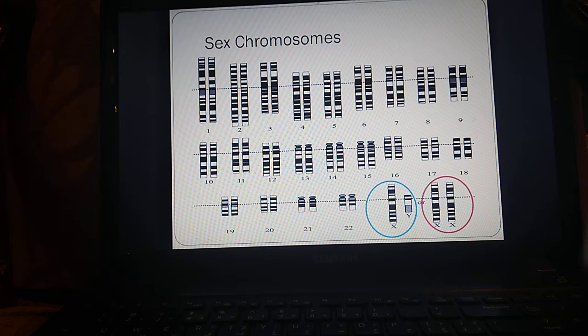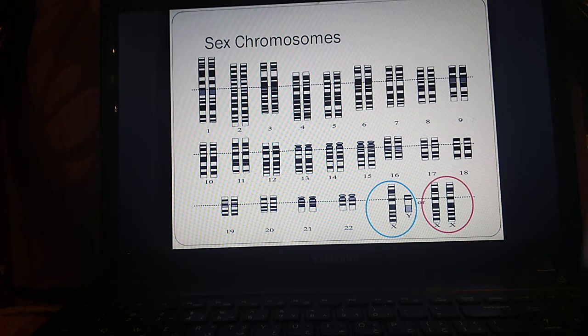This long chromosome is called X. So females have 2 long chromosomes, so they have 2 X chromosomes. In males, they have 1 large chromosome, X, and 1 smaller chromosome, Y. They called it Y just as a symbol. So all males have XY chromosomes and all females have XX chromosomes.